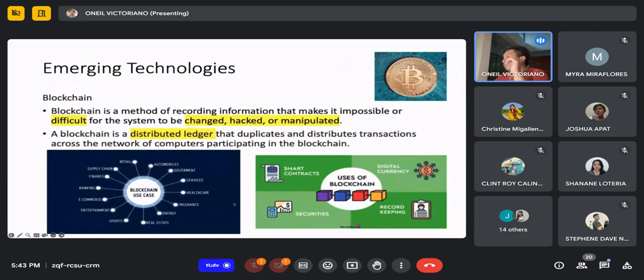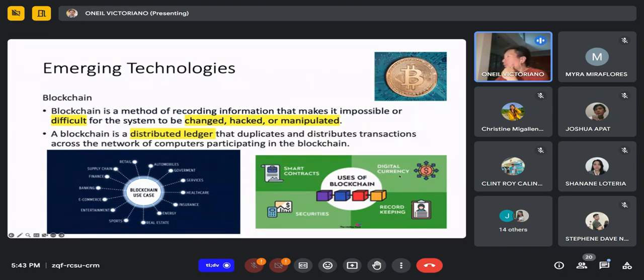So we have different blockchain use cases. We have retail, services, healthcare, and insurance, because keeping different records of the profile is very important.